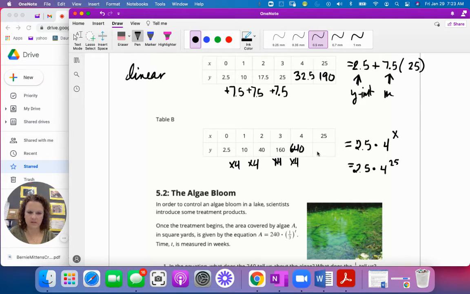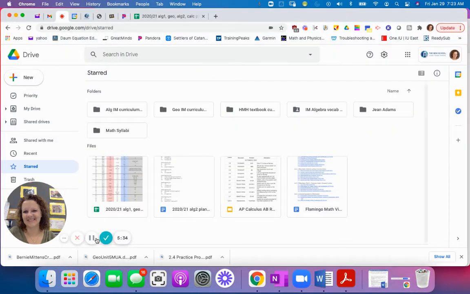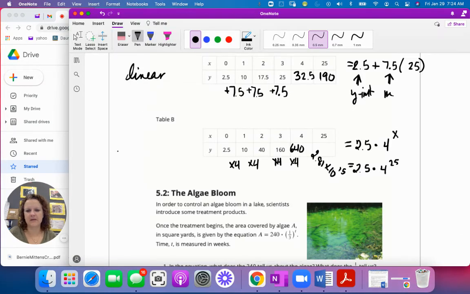Sorry, it is a huge number. 2.81 times 10 to the 15th in scientific notation. That's a lot of zeros. All right. So that one's linear and this one is exponential. And notice it's exponential growth because it's getting bigger and bigger and bigger. It's not decay.